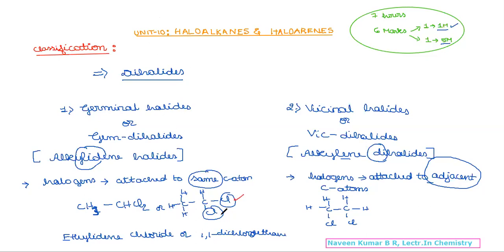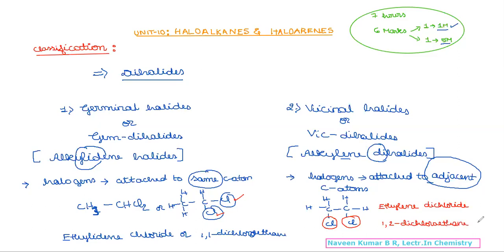Here the chlorine is attached to the same carbon. Here the chlorine is attached to adjacent carbons, hence it is vicinal. Its common name is alkylene dihalide: alkylene is ethylene, di for two, and the halogen present is chloride, hence ethylene dichloride. The IUPAC name is 1,2-dichloroethane.